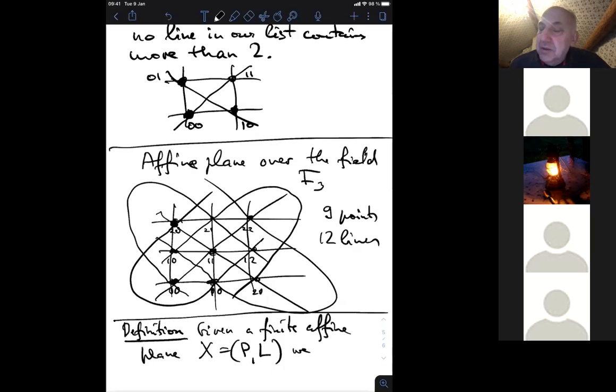So lines should satisfy either an equation x equals a constant, which are those 3 vertical lines, or they should satisfy an equation ax plus b equals y. And you are suggesting which?